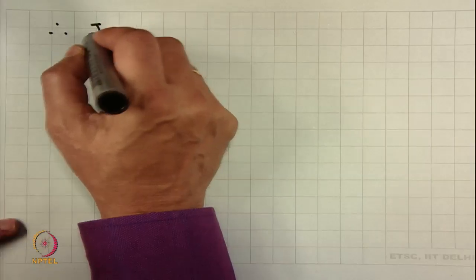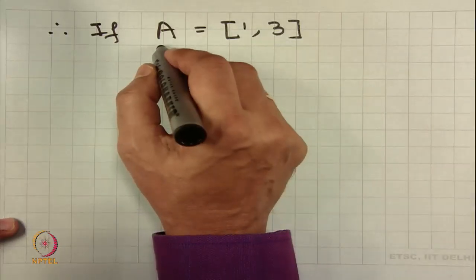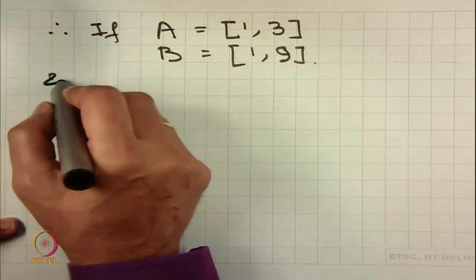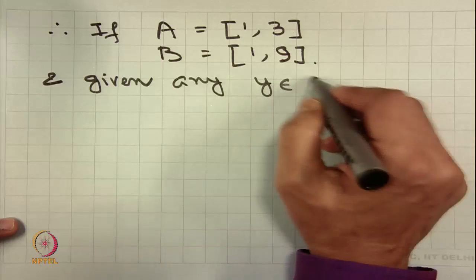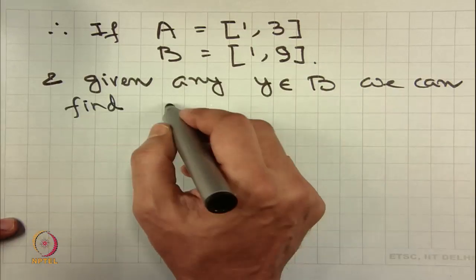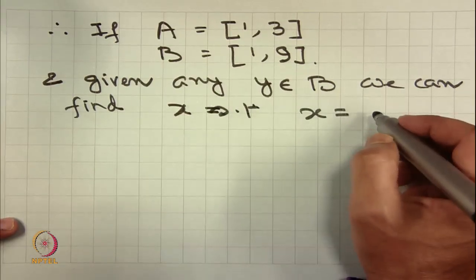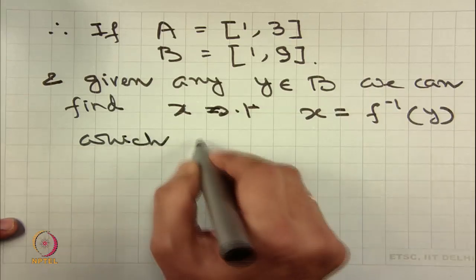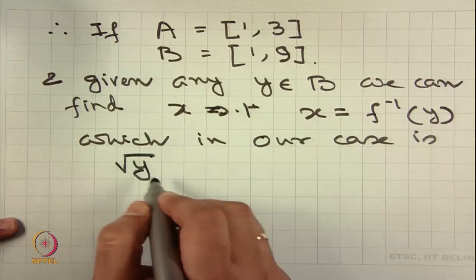Therefore, if a is equal to 1, 3, b is equal to 1, 9, and given any y belonging to b, we can find x such that x is equal to f inverse y, which in our case is root over y.